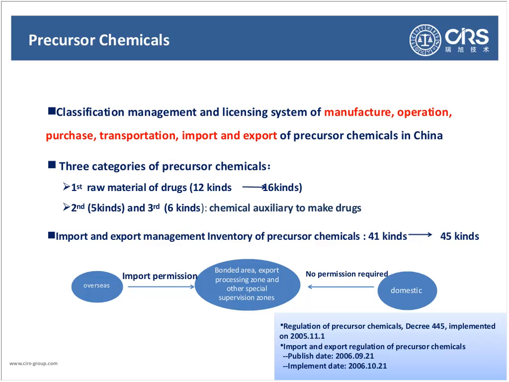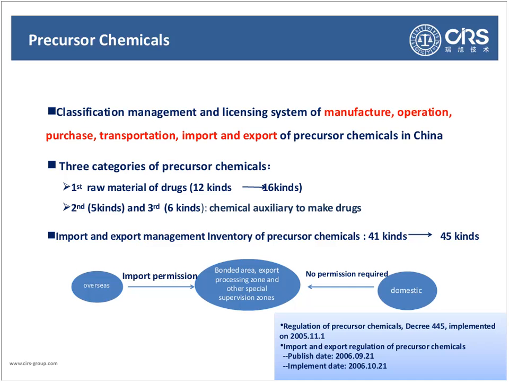In the inventory of precursor chemicals, there are 3 categories. The first category is about raw materials of drugs, and it has the most serious supervision. The second category and the third category are about some chemicals which have less strict supervision.